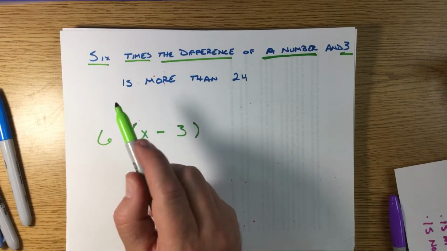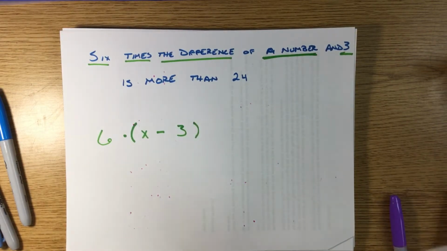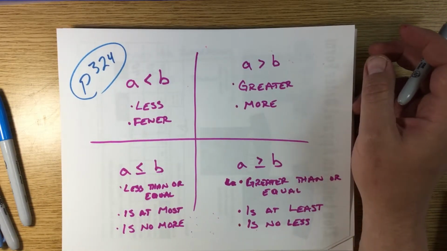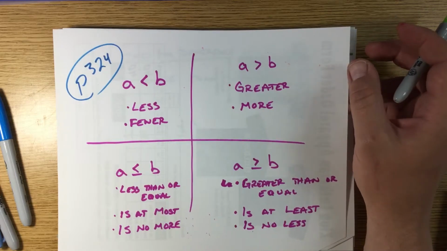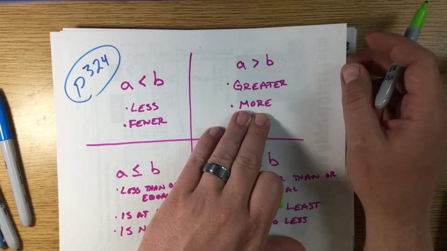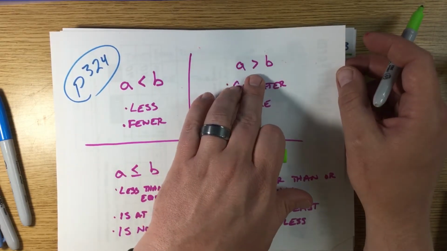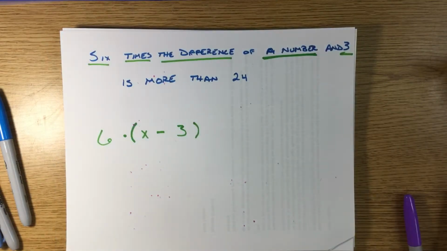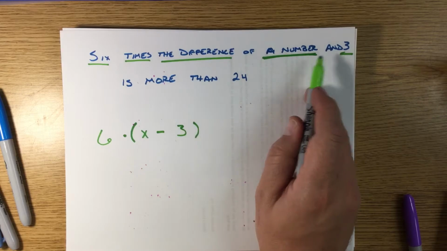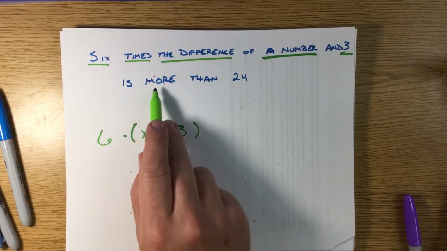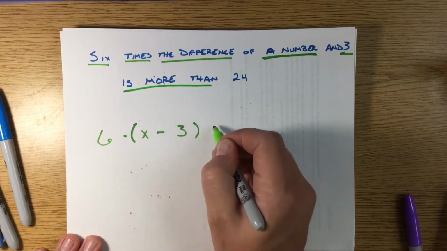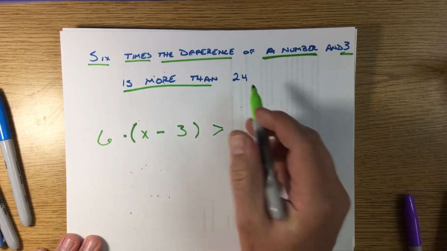Now here we go back to this page. It says is more than 24. So "is more than" shows up over here with the greater than symbol. So 6 times the difference of a number and 3 is more than 24.